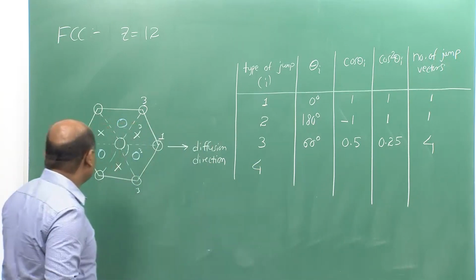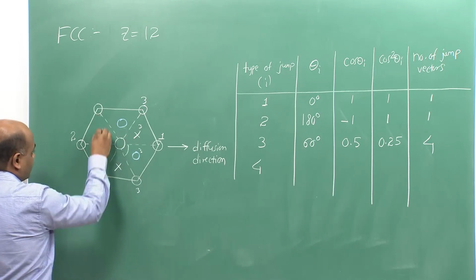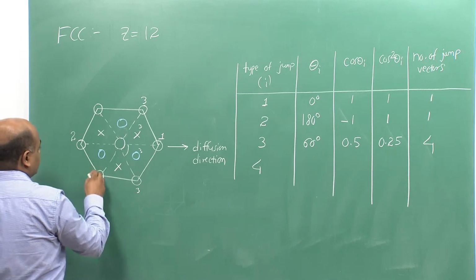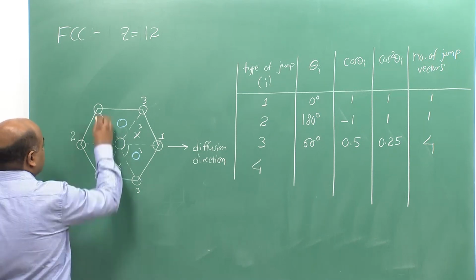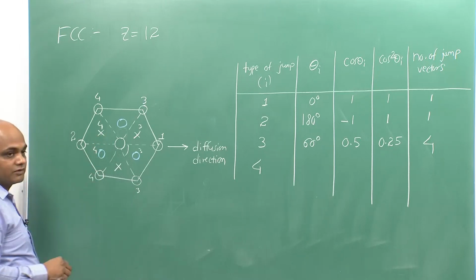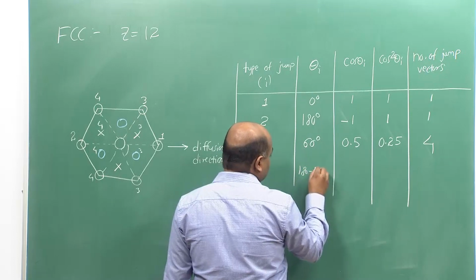And type 4, by symmetry, you know, these 4 are making an angle of pi minus 60 degree, or 180 degree minus 60 degree. So, this is 4, type 4. They are making an angle of 180 minus 60.